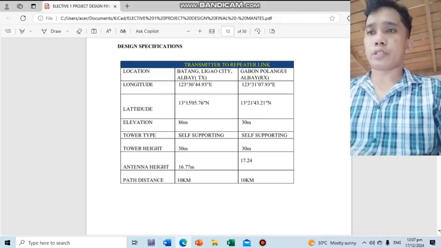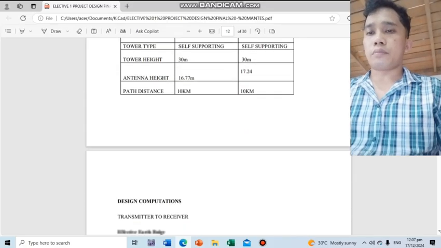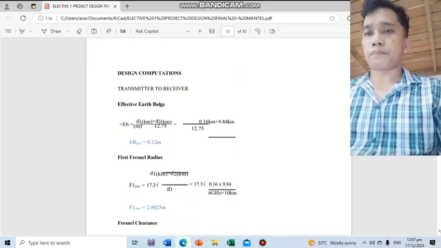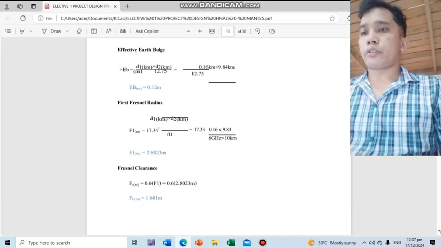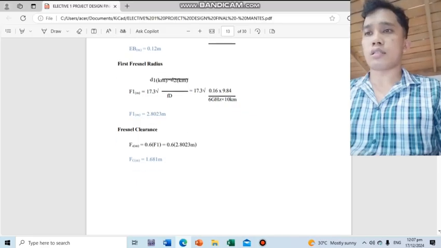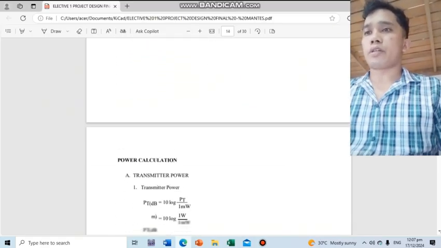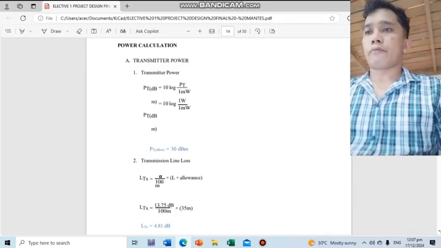For the elevation, sir, the transmitter is at 86 meters and the receiver at 30 meters, based on Google Earth Pro. For the design computation, I calculated the effective earth bulge using distance 1 and distance 2 with the formula given, and the first Fresnel radius and the Fresnel clearance.